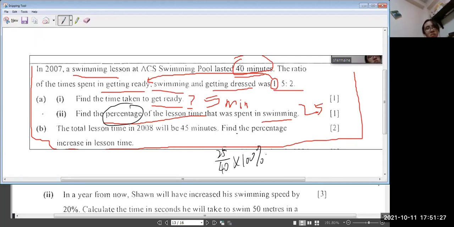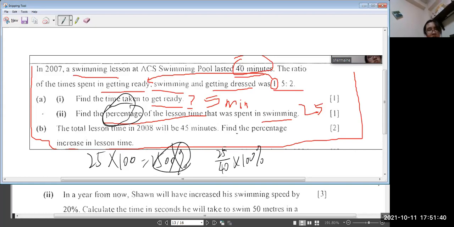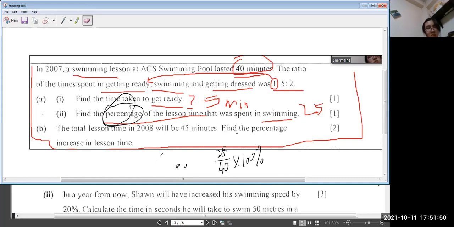Actually, next time, if you are asked for percentage, right? If you got 25, you convert straight away, you are going to get like some 1000%. So this answer is quite suspicious. Okay? So remember, percentage is not direct convert unless they want you to convert directly.